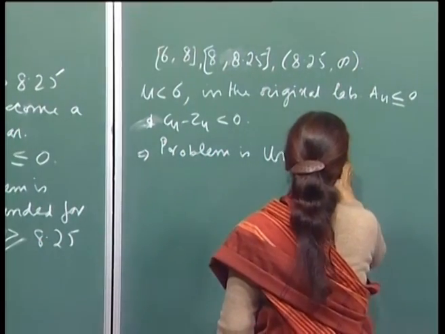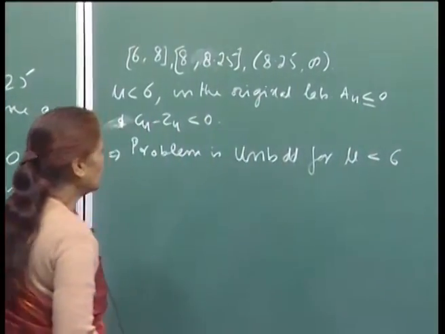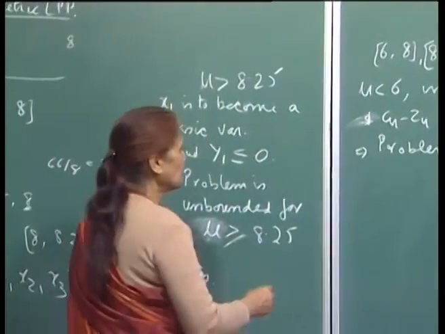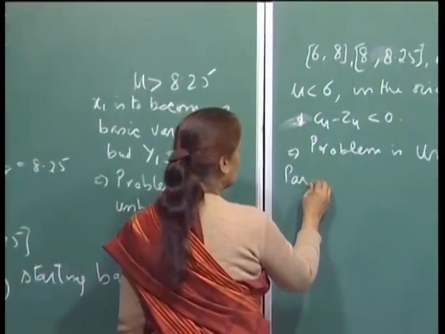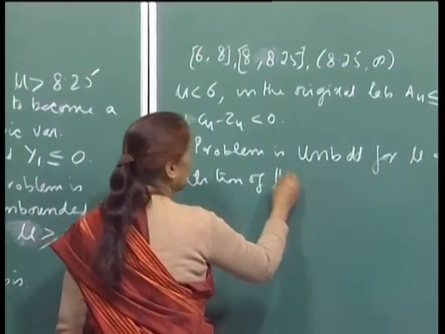Is unbounded for mu less than 6. Right. So therefore, you have the complete partition of the real line as follows.